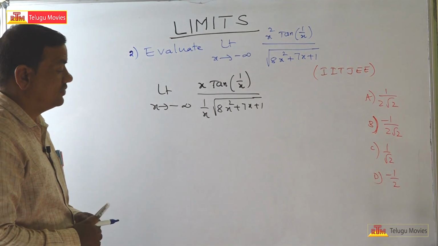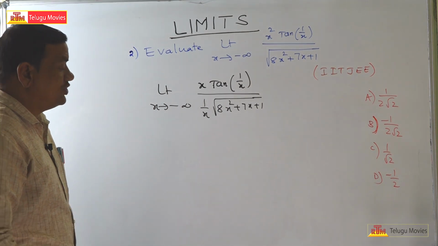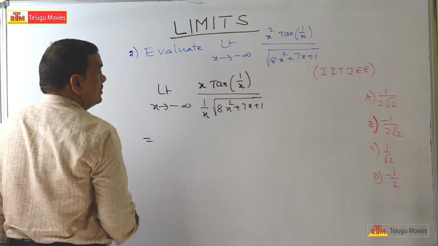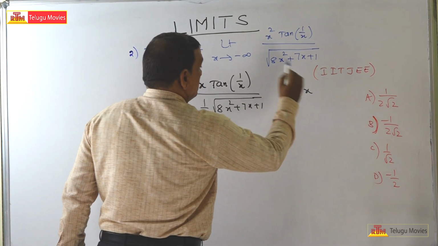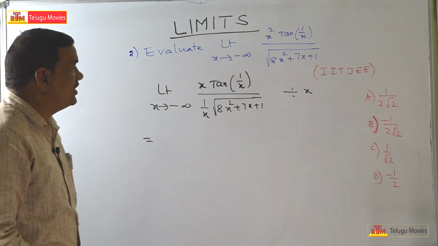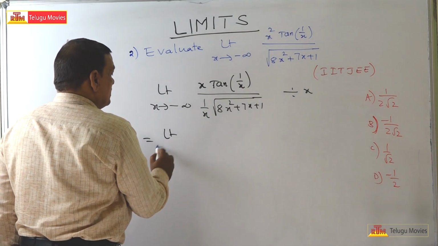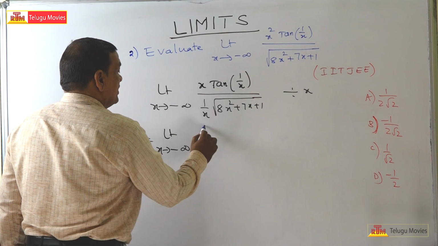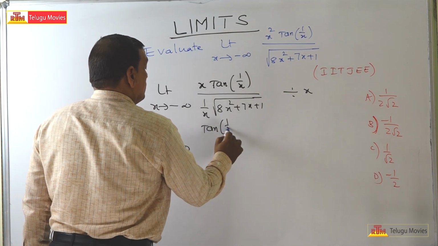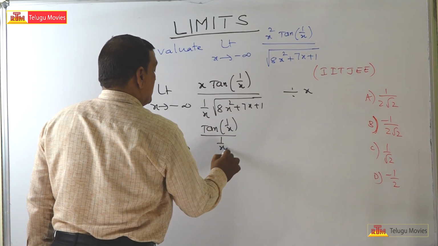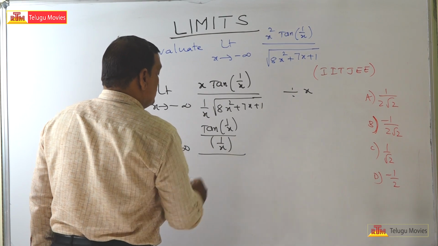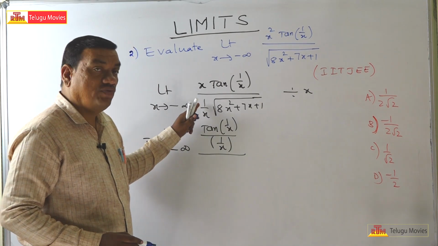Okay, now? Right. The next step is dividing the numerator and denominator with x. The next step is limit x tends to minus infinity, tan of 1 by x. So this is equal to what generally we will do now.